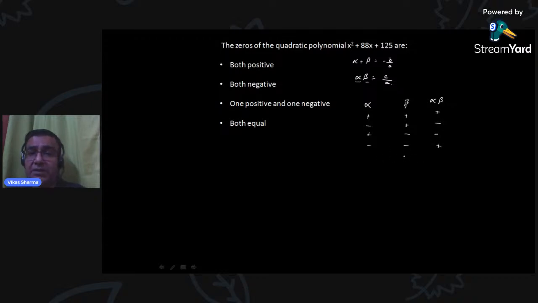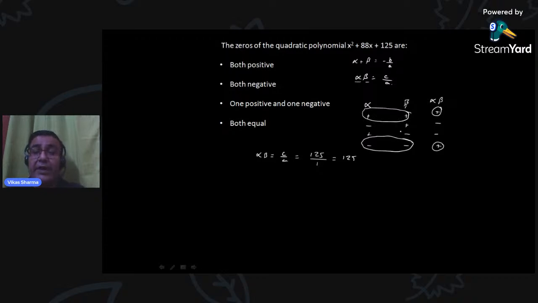Because alpha beta is equal to c upon a, in this case it will be 125 upon 1, or only 125, which means it is positive. And because alpha beta is positive, it should be these two options only, either both are positive or both are negative. So one positive and one negative is cancelled.